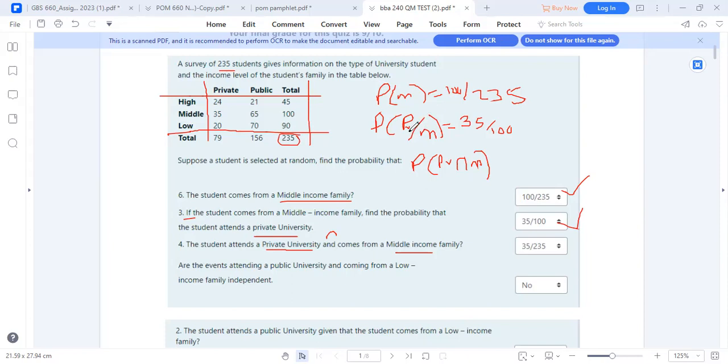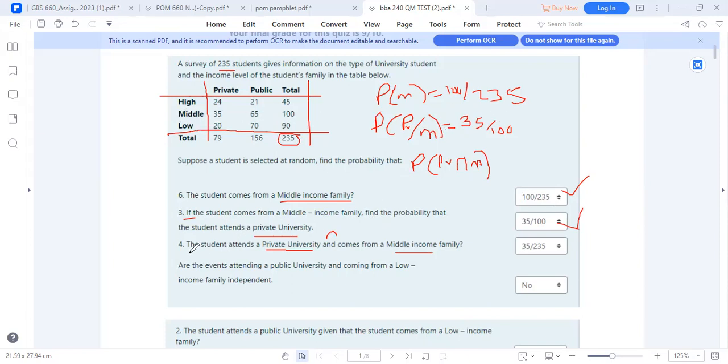But if there was given, we get the total of the one which is below here. So if the student came from middle, what's the probability they came from private? Private given middle. You go where they meet, private and middle, 35. But the total for the bottom one, the middle, is 100. That's why I got there.